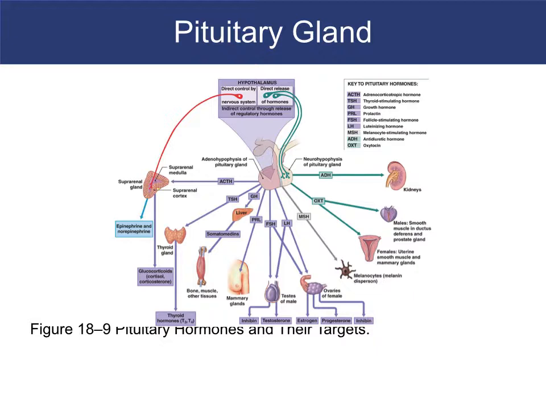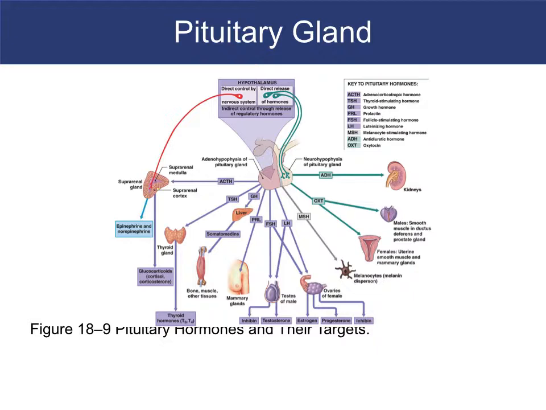So you get enough of them here. The ACTH releasing factor comes from up here, comes down to here, and then causes the ACTH, adrenocorticotropic hormone, to be released by the anterior pituitary.